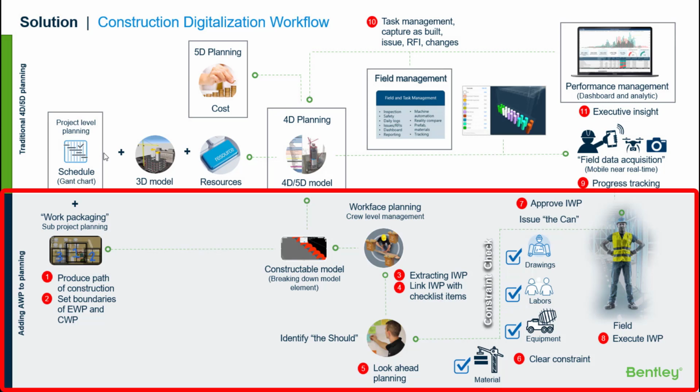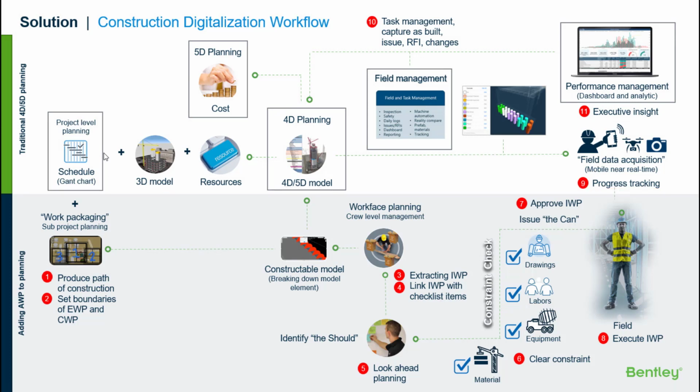So when we do the look-ahead and constraint analysis, we want to identify the packages that are not ready for the field. So today we'll take a look at the 11 steps of this process. First, we will want to produce the path of construction, the optimum sequence of tasks to complete the project. Once we have that, we can set boundaries of the EWPs and CWPs.